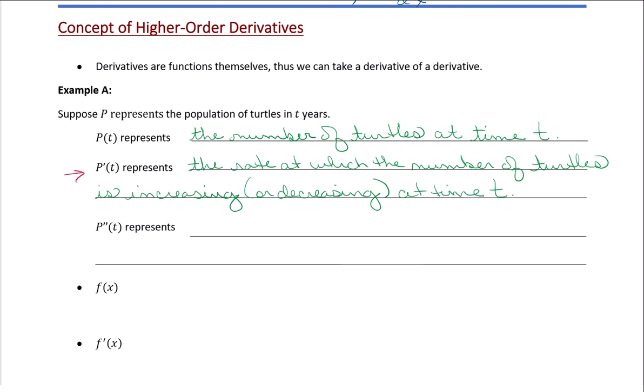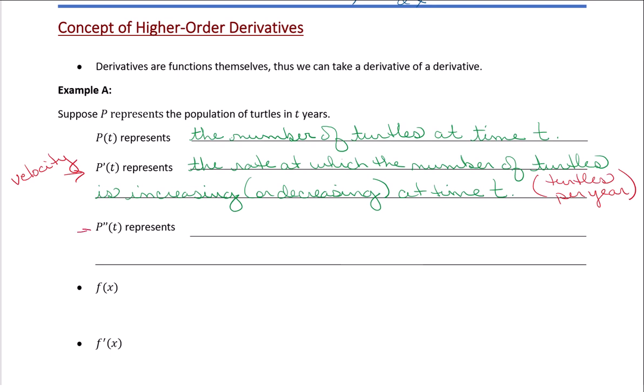We can think of the first derivative as the velocity. So that rate would be in turtles per year. Now, if we were to take the derivative of that derivative, in other words, the derivative of the velocity, that's telling us how quickly that velocity is changing.